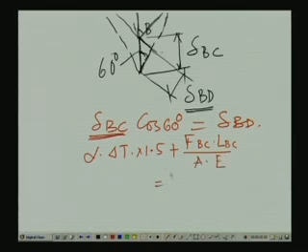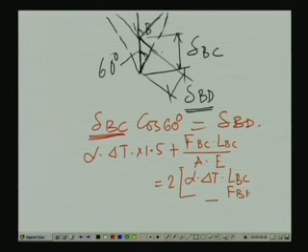This is equal to, since cos 60 is half, twice of this, so 2 times alpha delta T times length of the member BC minus the force in member BD, sorry, this is length BD. So, force in BD times length of BD by AE.